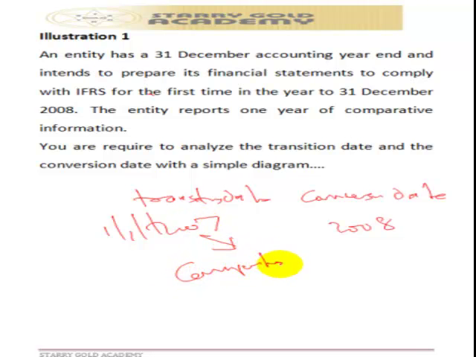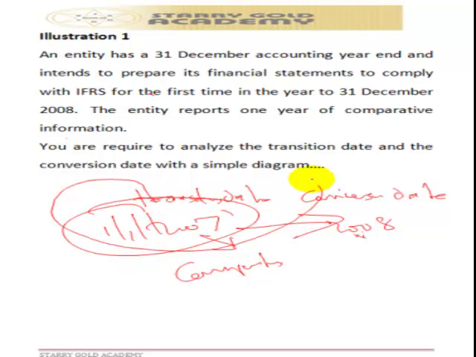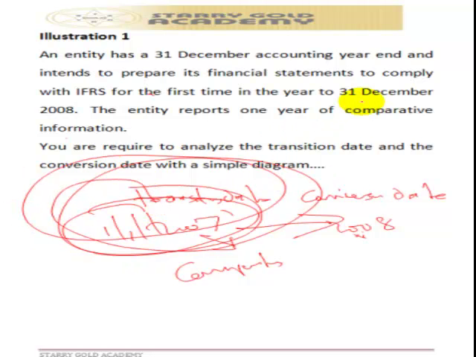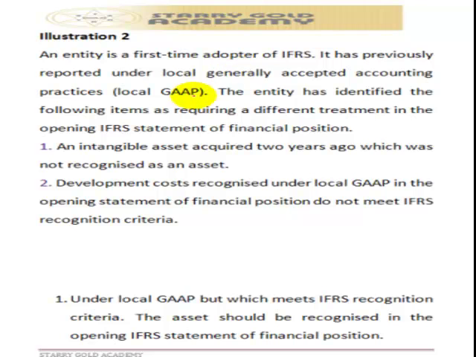The comparative account will be prepared in 2007, and this is the transitioning date which goes to the conversion date, which is 2008. For this company, the conversion date is 2008, while transitioning date is the 1st of January 2007. It is in 2007 that they are going to prepare a comparative IFRS account, which will be in line with what 2008 conversion year. Now, let's take down these questions too.